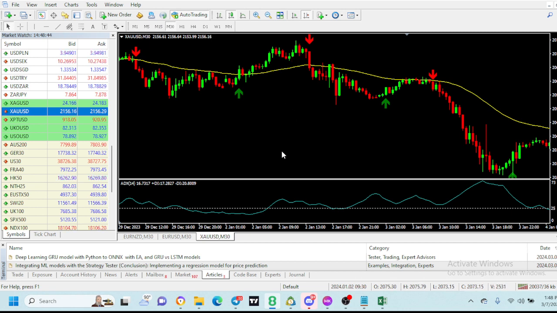I'm not going to be using any session time to trade. I'll just plot them. So the first rule is that you want to see the price trending. I will not be using the ADX so much on this back testing. The only two things we're going to use are the arrows, which is the special indicator, and also the price.